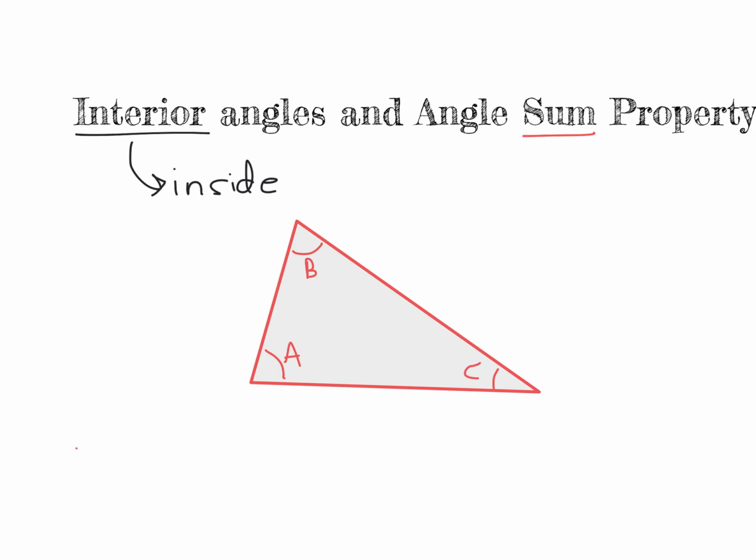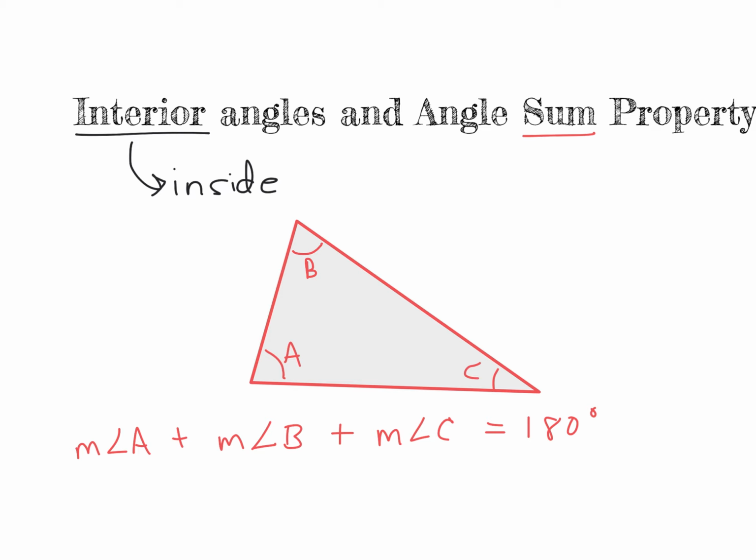The angle sum property says that if I take the measure of angle A, so M, then you have your angle symbol, and then the label A. If I take the measure of angle A and I add that to the measure of angle B, and to that I add the measure of angle C. In other words, if I take the value or the size of all 3 interior angles, that sum will always equal 180 degrees. We use that in a wide variety of ways, but it's an important piece of background knowledge that we should be aware of that we needed to review first.